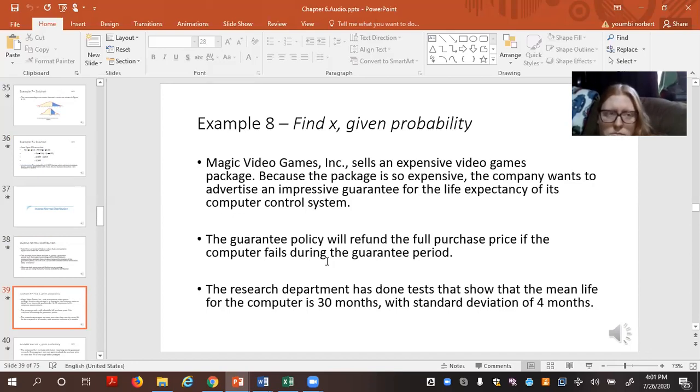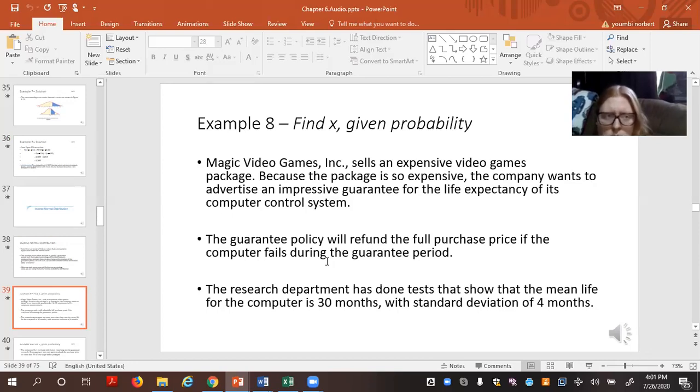Even your table in the book is always considering area to the left. That's the cumulative area. So we want 0.05. You type 0.05 there. If it is Z, you will leave the mean 0 and the standard deviation 1. So you will enter until you get the answer.